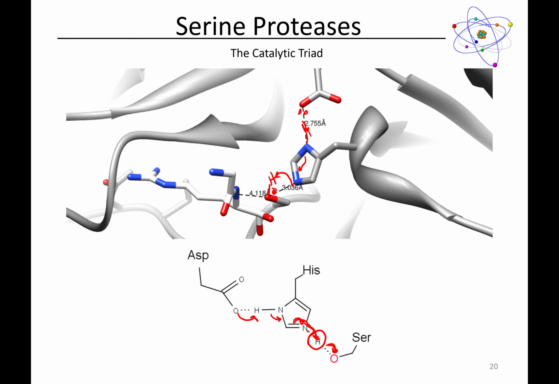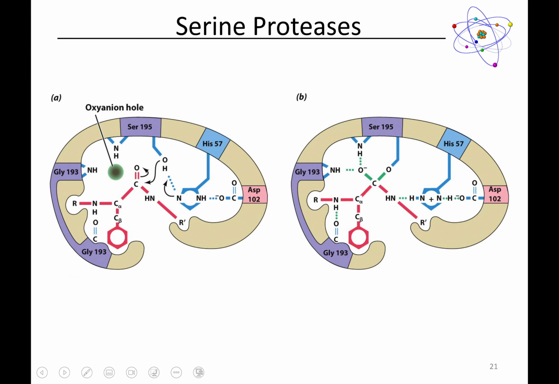Once it's activated as a nucleophile, it has a negative charge, and it can now serve as a nucleophile to attack the carbonyl. The electrons in the pi bond between the carbon and the oxygen flow up onto that oxygen. This makes an intermediate. I think that I show it here. Yeah. All right, so this forms this important intermediate that we see on the right here.